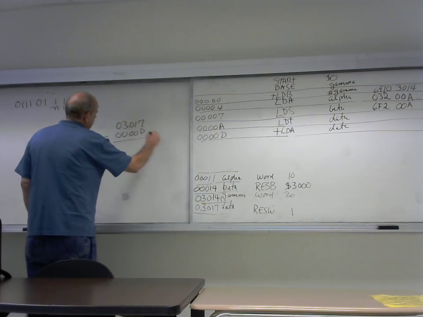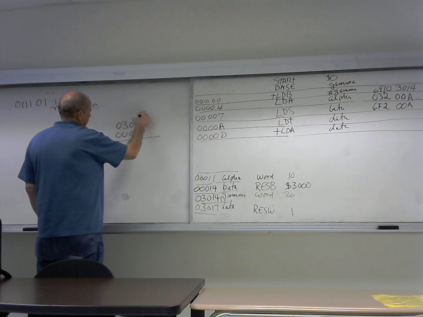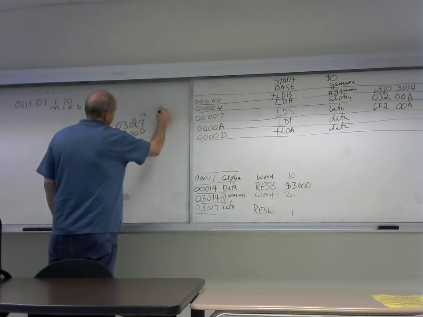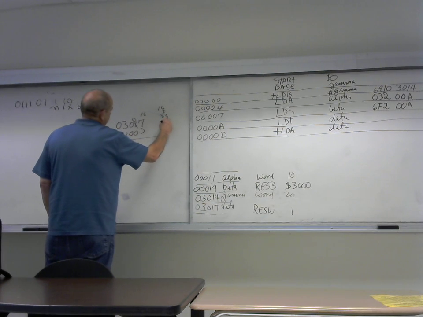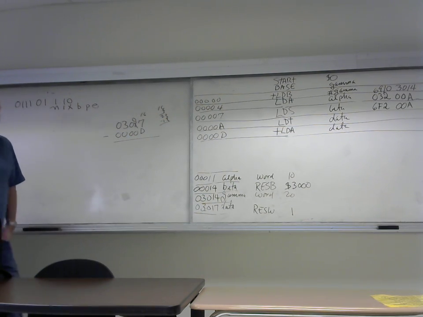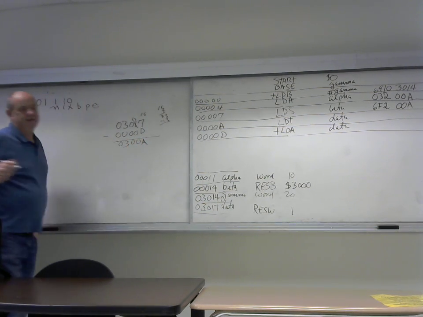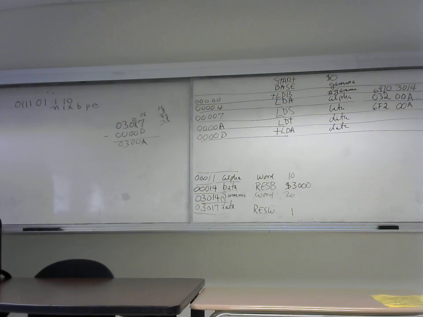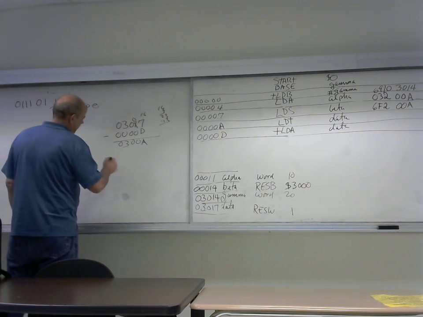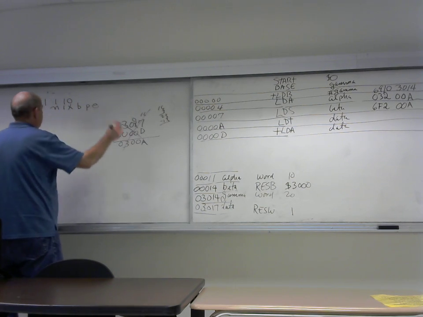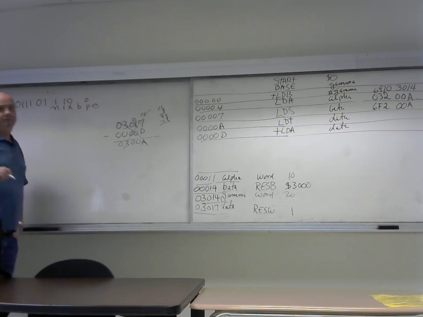We subtract, and what do we get? 16 and 7 are 23, minus 13, A. Will that fit in 3 digits? No, it's too big. So of course you'd have a check of that in your assembler to see if the displacement is too big. It is. Oops. PC relative is out of business.